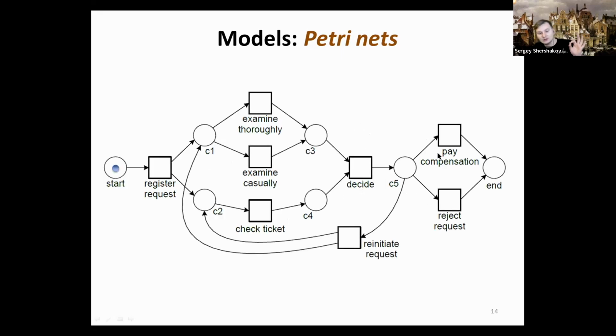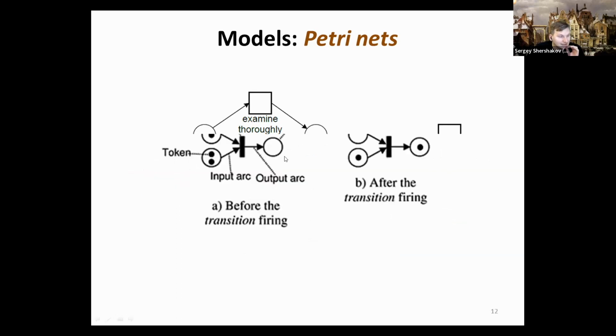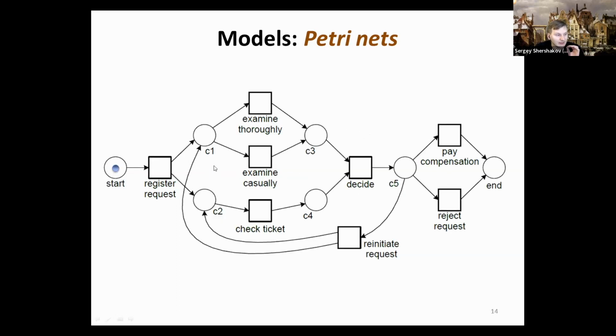Then these models were adapted for representing processes. Here you can see that it is almost the same as it was represented previously. Actually, it's a graph, nothing else than a graph, and it's called a bipartite graph.